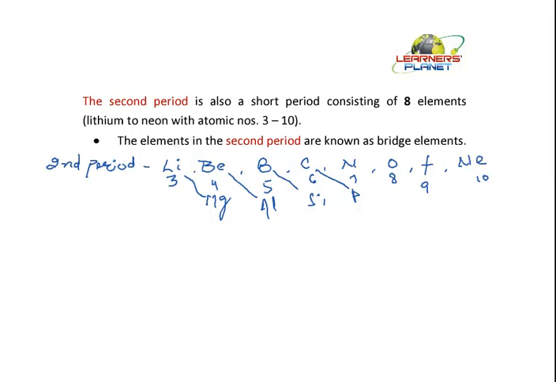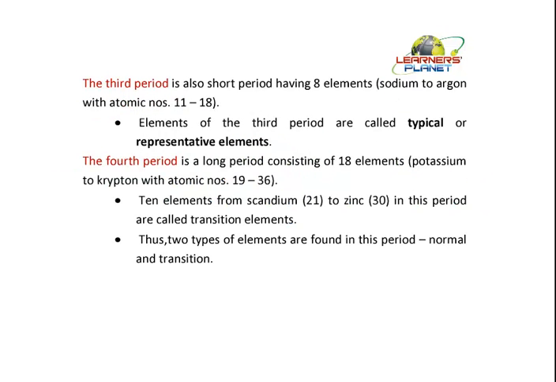Now let's take up the third period here. What are the third period elements? The third period is also a short period having 8 elements from sodium to argon with atomic numbers 11 to 18. Elements of the third period are called typical or representative elements. Why are they called representative elements? Because these elements represent their group.